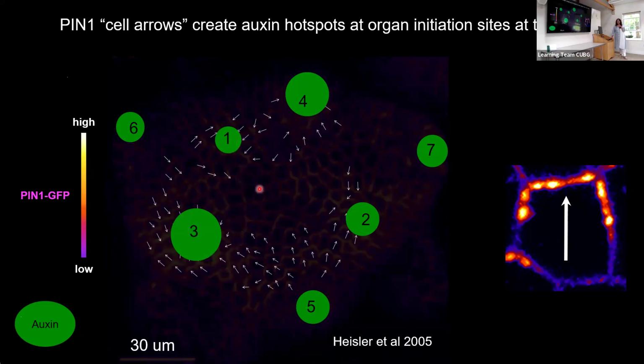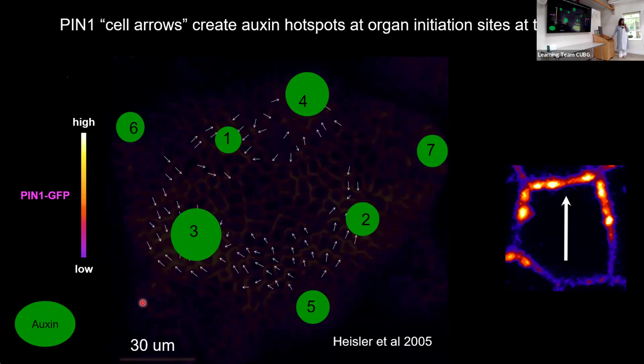And the beauty of studying plants in that sense is that you can look at organs at different stages of their initiation within the same image. So you can see the organ at position 1, organ at position 2, 3, 4, 5, 6, 7, and so on. So you see at least 7 different organ positions within this same image.